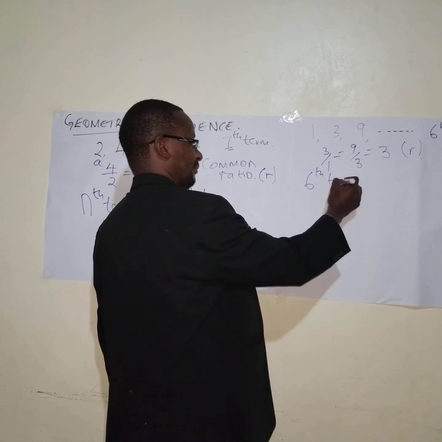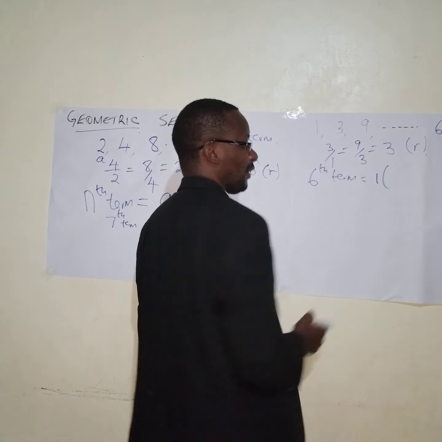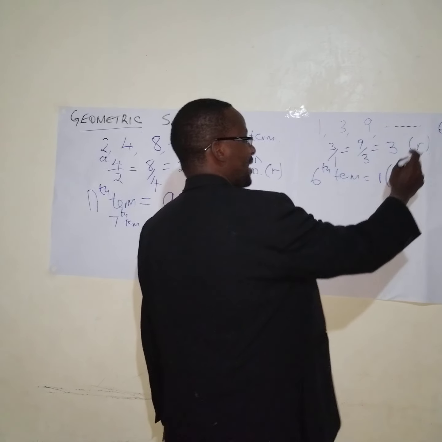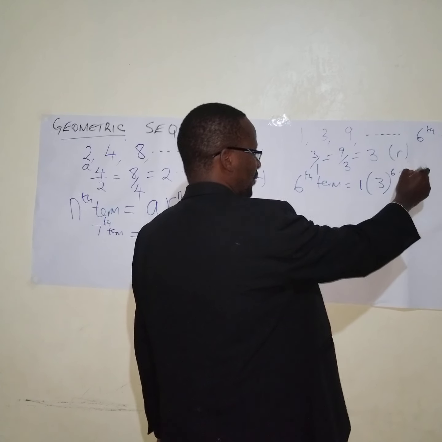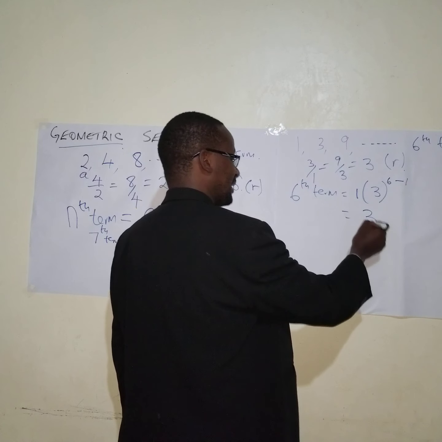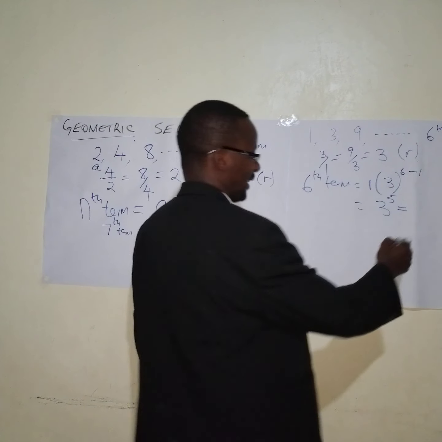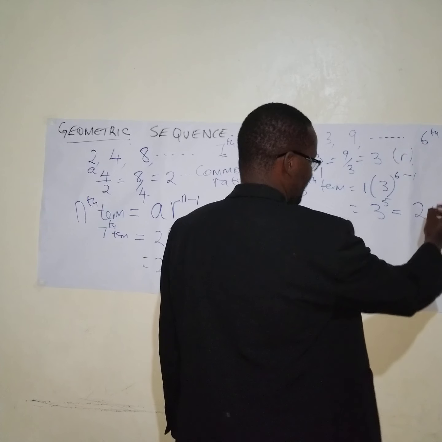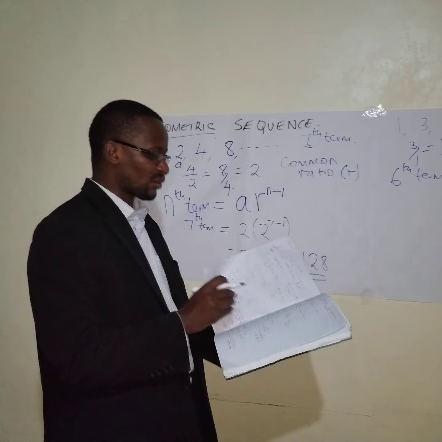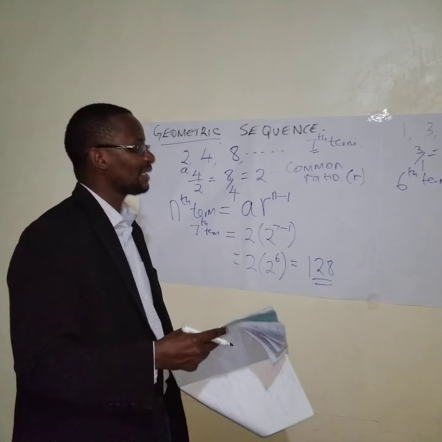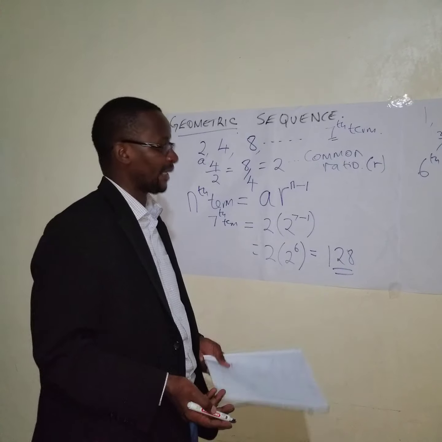The 6th term is equal to A, which is 1, multiplied by r, which is 3, raised to power 6 minus 1. So it is actually 3 raised to power 5. You can get that from your calculator. I think the answer will be 243. So you can be given that and be asked to manipulate it until you are able to get the term that is required.